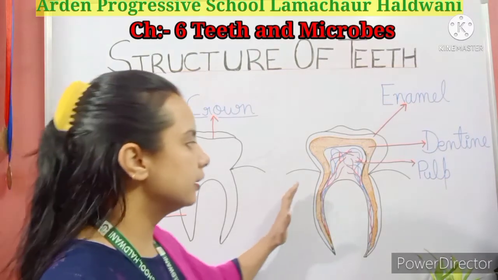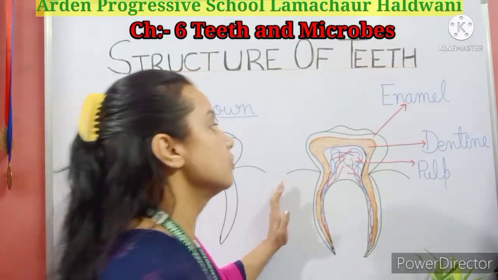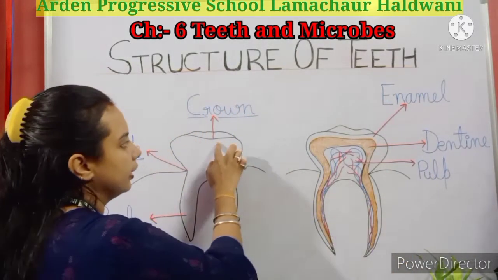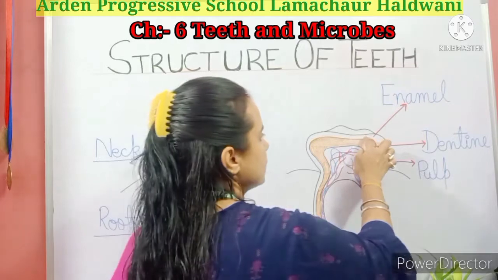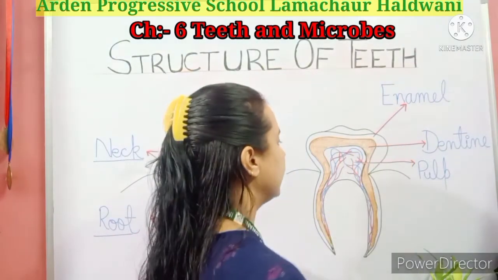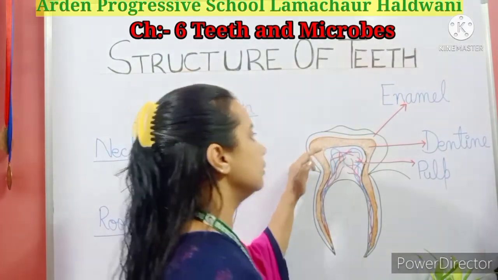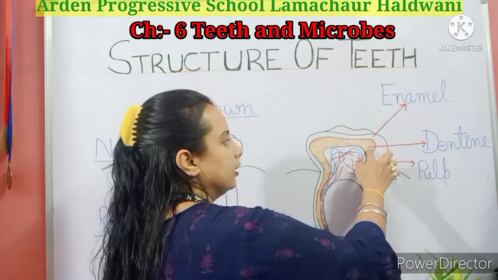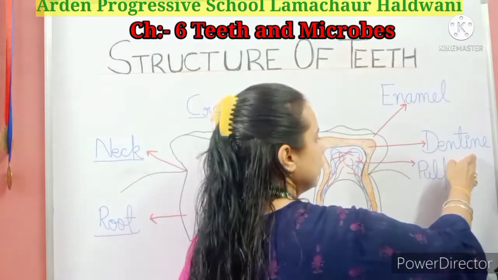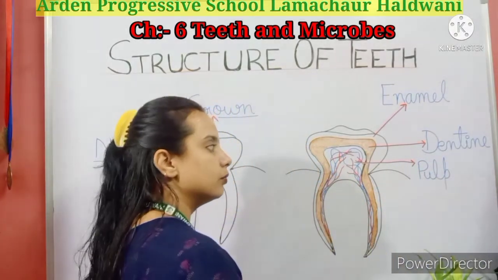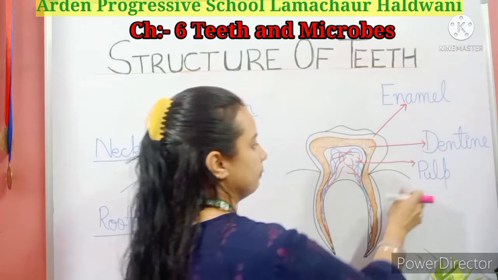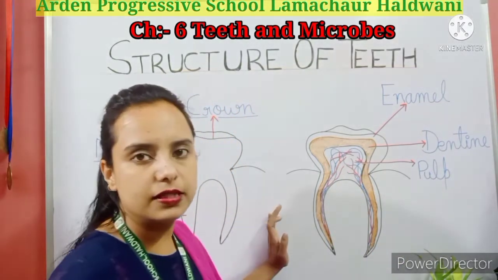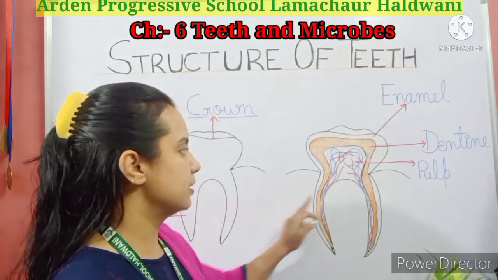Now let's see the internal structure of the tooth. First, you can see the enamel. Enamel is the white portion here. The inner layer is known as the dentine. The inner portion of the tooth is the dentine, and the innermost portion is the pulp, where the blood veins are present.